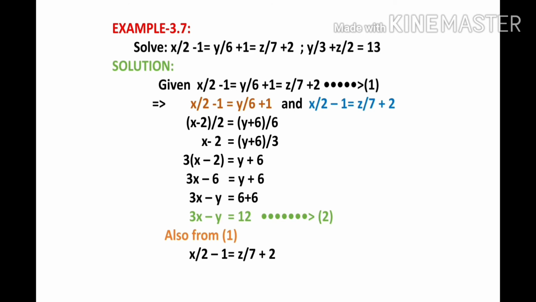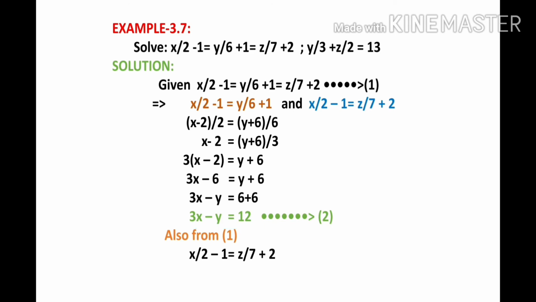That is 3x minus y is equal to 6 plus 6. So simplify this. 3x minus y is equal to 12. We get an equation in the form ax plus by is equal to c. Let it be equation 2.